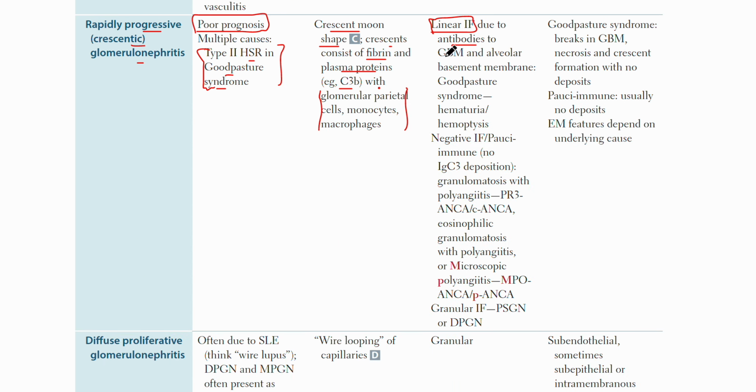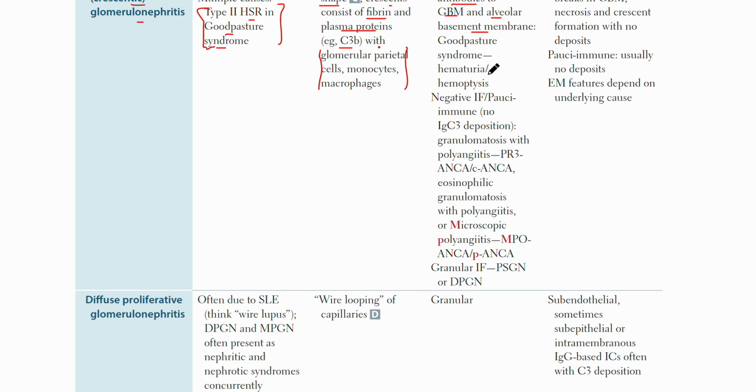And there are antibodies against GBM, as I have talked about earlier, more specifically type 4 collagen, and also the alveolar basement membrane as in Goodpasture syndrome. Negative IF, or if there is nothing seen in immunofluorescence, that is in the case of pauci-immune, there is no IgG or C3 deposition, which occurs in granulomatosis with polyangiitis. That is the case of GPA, granulomatosis with polyangiitis.